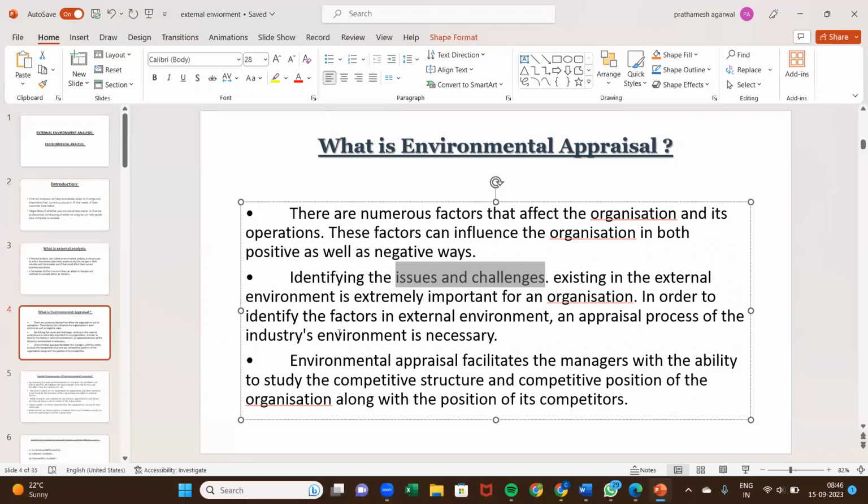In order to identify the factors in the external environment, we have an appraisal process of the industry's environment. We always try to study the industry's environment. Appraisal gives the managers the ability to study the competitive structure and the competitive position of the organization.